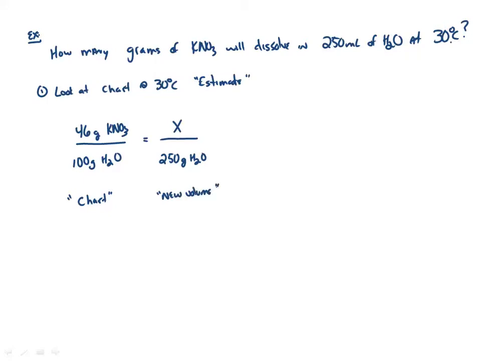And how do we solve ratios? Just cross multiply. So you get 46 times 250 equals x times 100. We solve for x and we get 115 grams of KClO3.